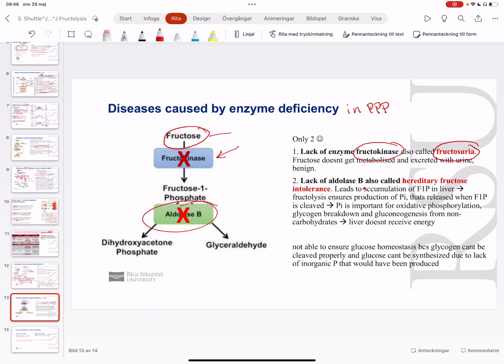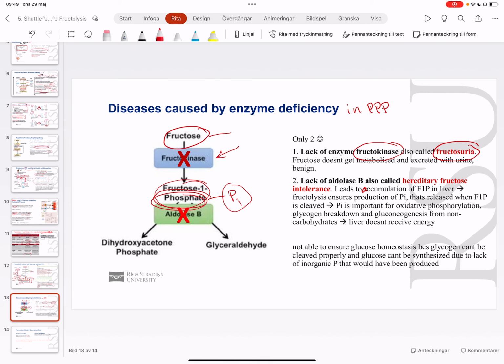So if we don't have this enzyme, this would mean that we will have an accumulation of fructose 1-phosphate. And this is bad because we need this phosphate group for other pathways. And if this phosphate is not let go from this molecule, then a lot of pathways will not be able to function. So for example, oxidative phosphorylation cannot happen if the fructose 1-phosphate is holding on to that phosphate.